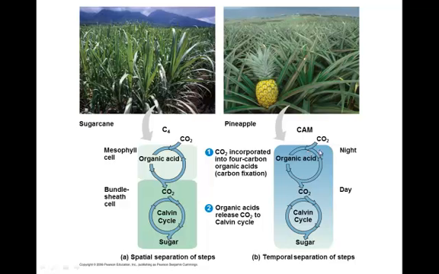Here, in CAM plants, the process is separated by time. The carbon dioxide is concentrated at night, and then in the daytime, the stomata, the leaf pores, are able to remain closed, and the products of the light reactions are then able to drive the dark reactions.